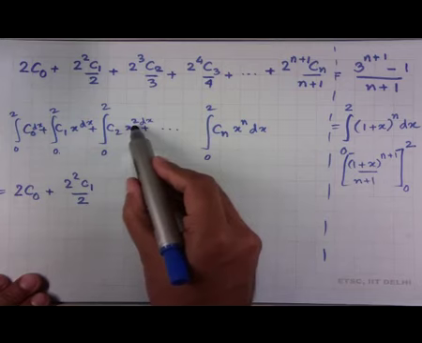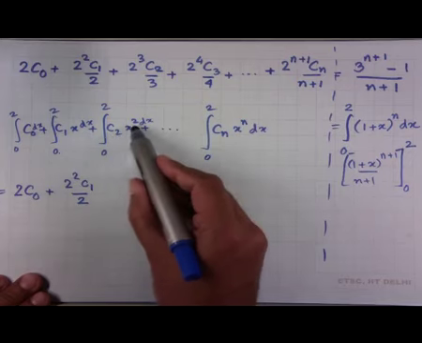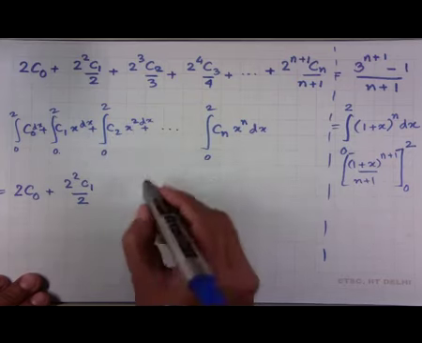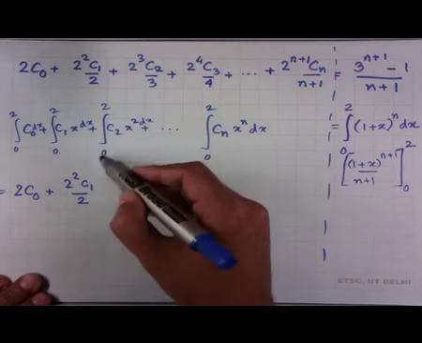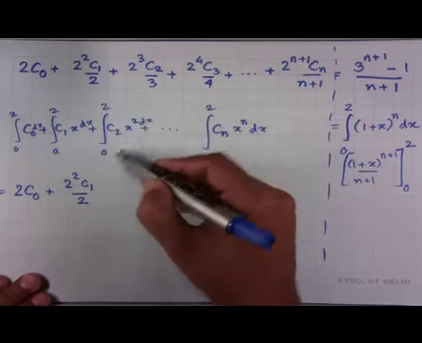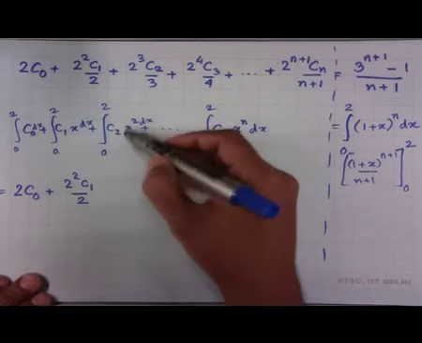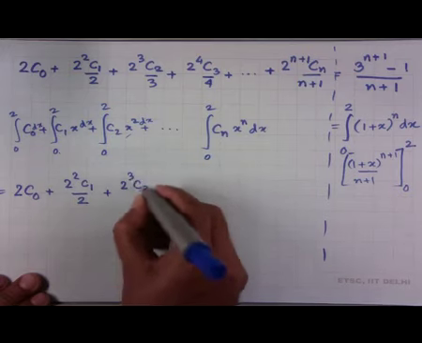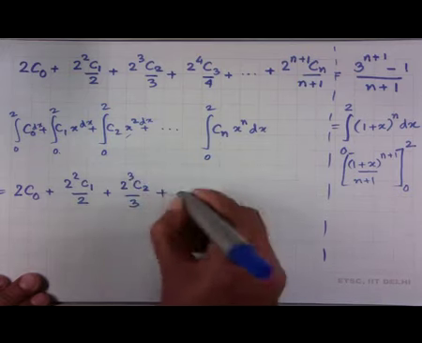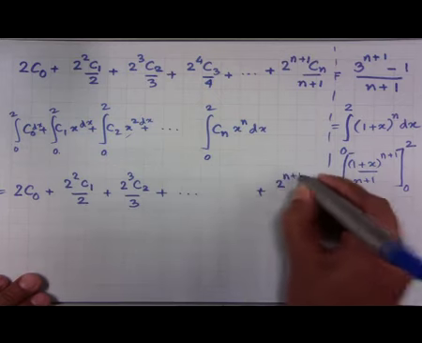C2 x squared, you integrate, you get C2 x cube by 3, you raise it from 0 to 2, those are the limits, 0 will give you 0, 2 will give you 2 cube by 3. Exactly in the same form as we need.